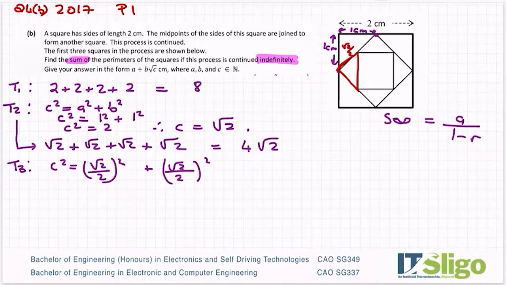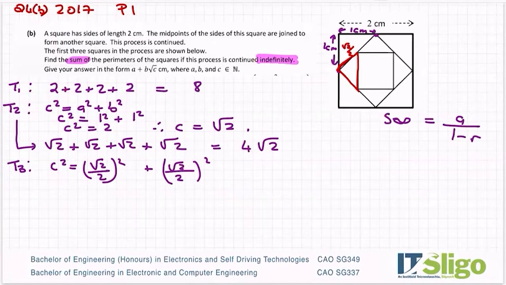So it's bracket root 2, bracket root 2 over 2, squared, plus bracket fraction button root 2 over 2 squared.